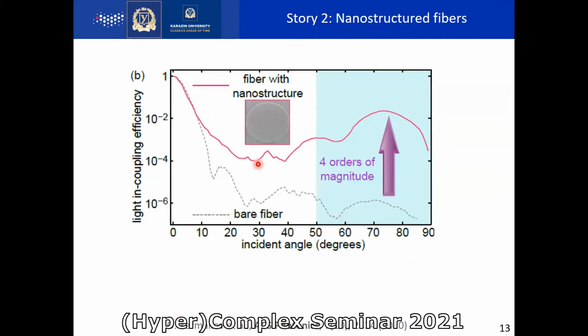Our main result is shown in this figure. We structured the fiber and achieved an enhancement of light coupling efficiency by several orders of magnitude. Here are the experimental results.